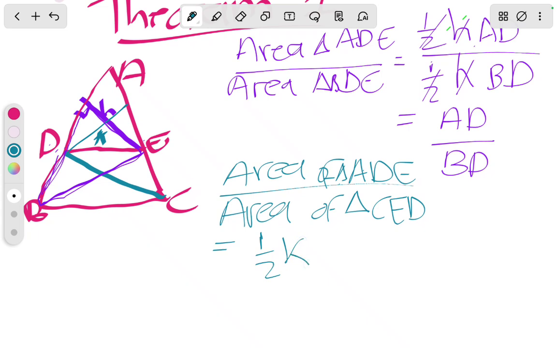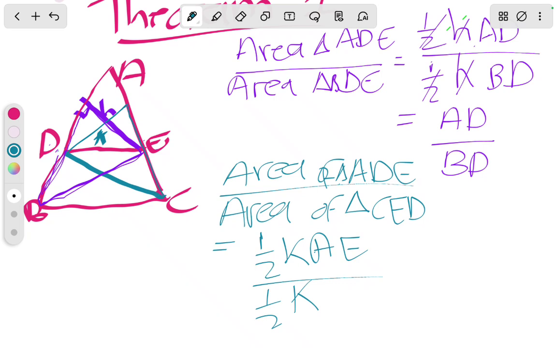K times AE, because AE is now our base, because the base is perpendicular to the height. Then divided by 1/2, it has the same height, considering the blue triangle.